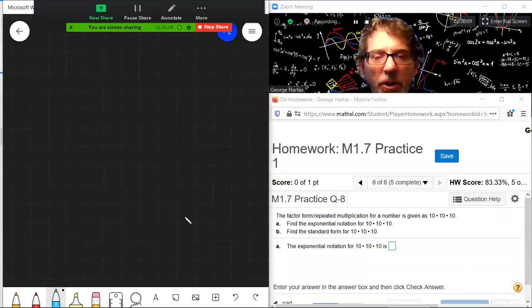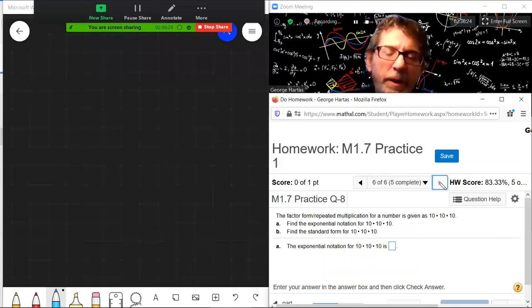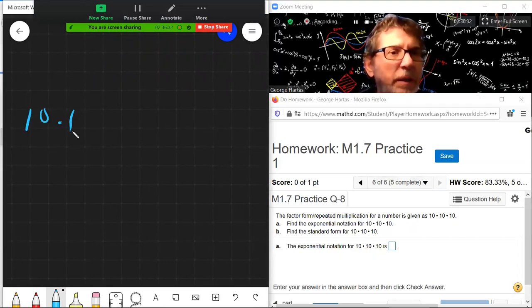All right, so this looks similar to the one we just did, just a different number. Actually, no, here we went from exponential notation to factored form, and now we're doing the opposite. So here, we're given a number in factored form, 10 times 10 times 10, and they want us to find the exponential notation for this.